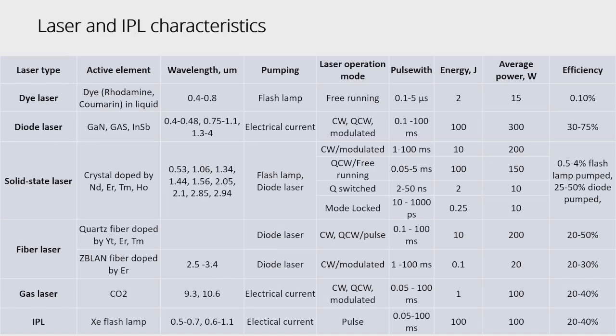In other industries it is not used anymore. And solid-state laser, efficiency about several percent. All other lasers are very, very efficient, which makes your machine smaller and able to generate more energy.